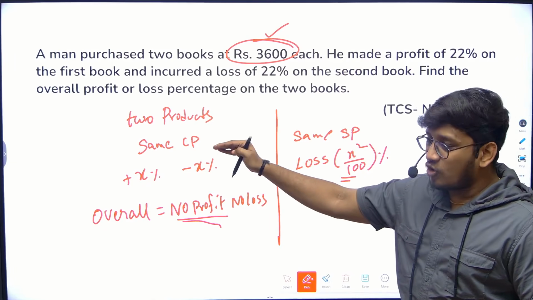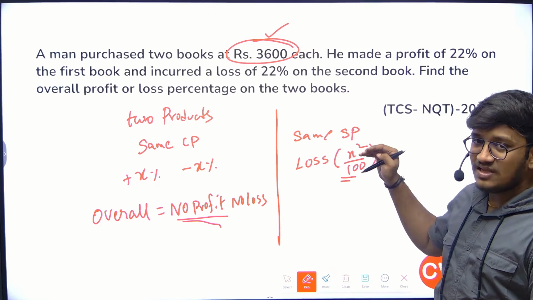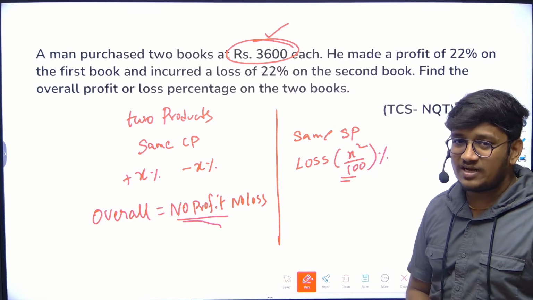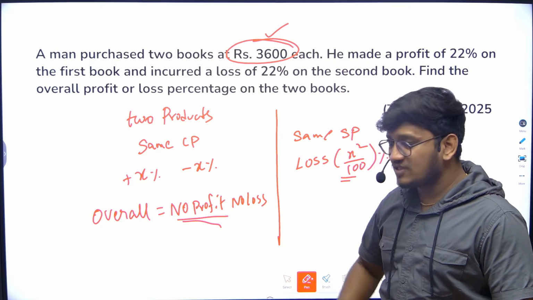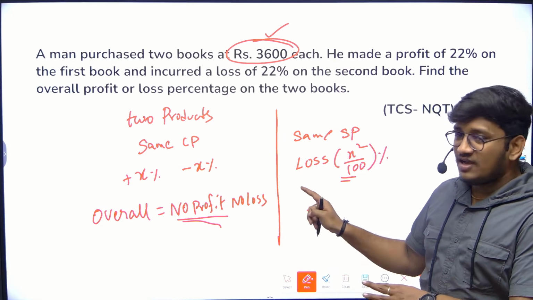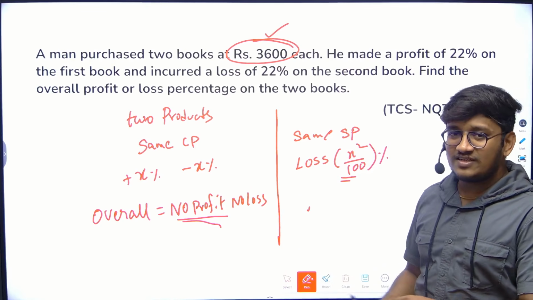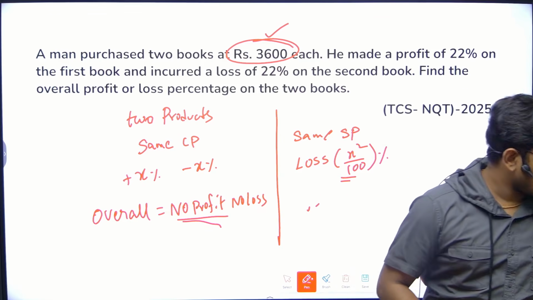Whenever you have the same cost price, the answer is no profit, no loss. Whenever you have the same selling price, the answer is a loss of X square by 100%. For this question they are asking about the same cost price, so our answer is no profit, no loss. Hope you are clear with these 2 points. We are not sure which point you may get in the exam, so do remember these 2 points. Direct shortcut. Next.